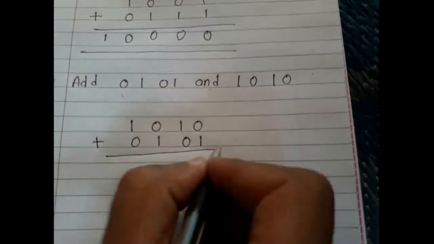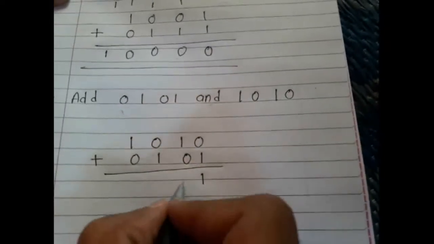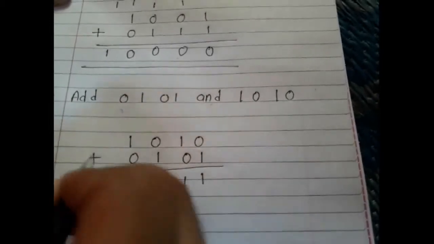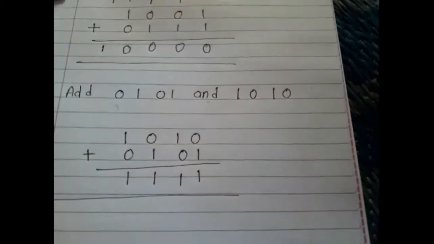We have to add this. Now see, 0 plus 1 is 1, 1 plus 0 is 1, 0 plus 1 is 1, and 1 plus 0 is 1. Answer is 1 1 1 1.